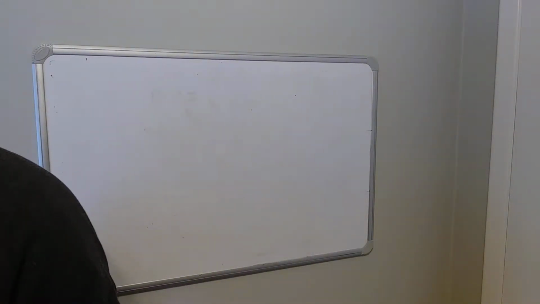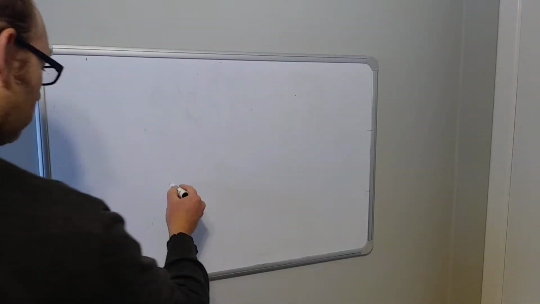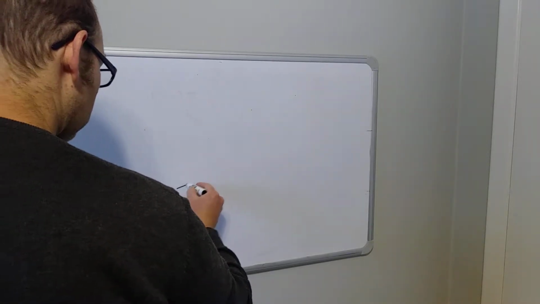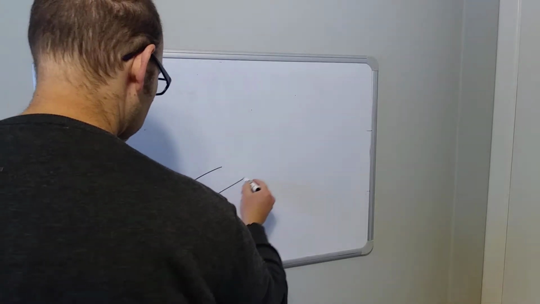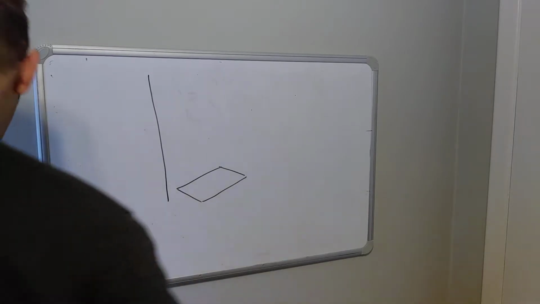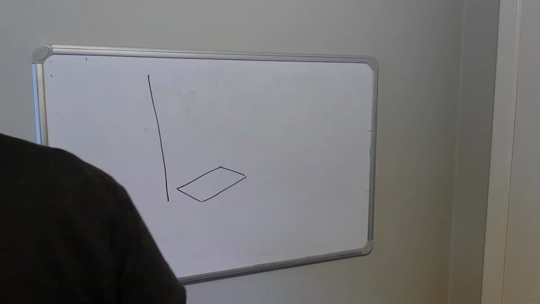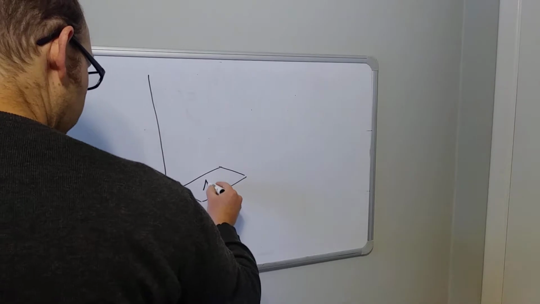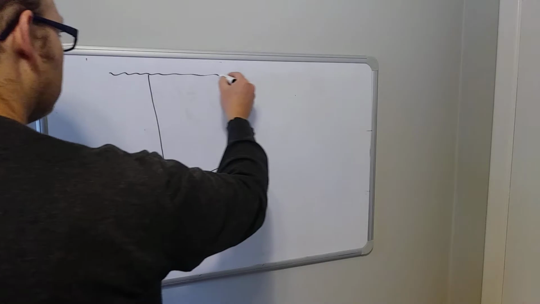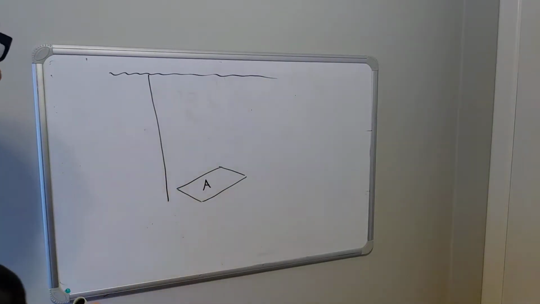All right, so this chapter talks about hydrostatic pressure. So suppose you have some sort of flat plate that's underwater, and suppose that the area is A. Well, this would be the height of the water here.